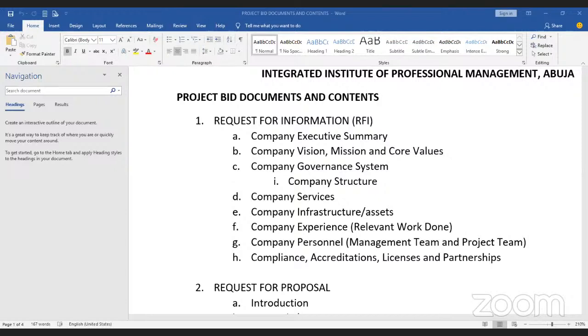Next weekend is our mock test. So please, for the payments needed, for those going for certifications anyway, please ensure you make the necessary payments, and then get your materials, read as much as you can, ask us questions, take your mock test, prepare for the main exam, okay, and then you're good to go.